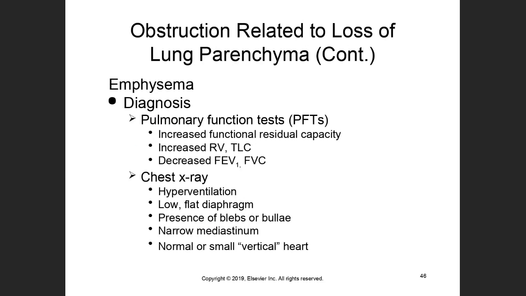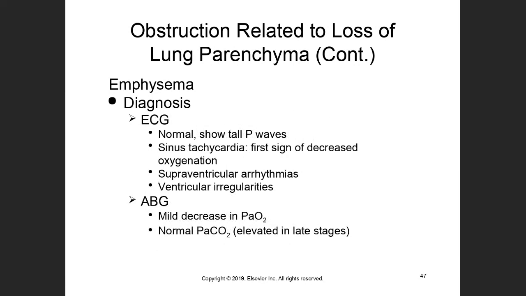Emphysema diagnosis: of course, you have to do pulmonary function tests. You do a chest X-ray, and you're going to see hyperinflation and flattening of the diaphragm. You could do an EKG and ABG, extremely important. Remember that you have to check the oxygen saturation rate, the PCO2, and PO2.